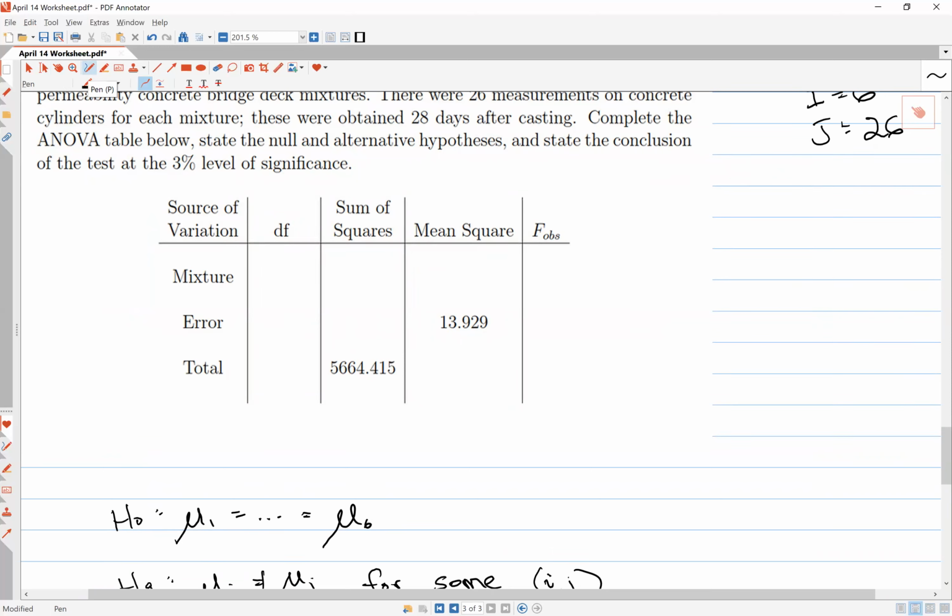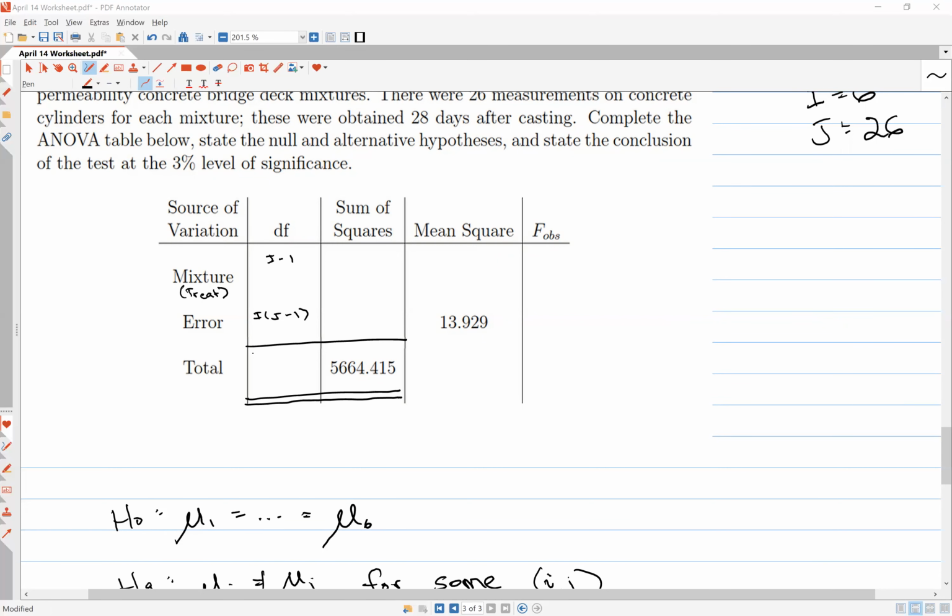So easy information always is just filling out the degrees of freedom. Treatment degrees of freedom will always be I minus 1. Error degrees of freedom will always be I times (j minus 1). And you can just sum those to get total degrees of freedom.